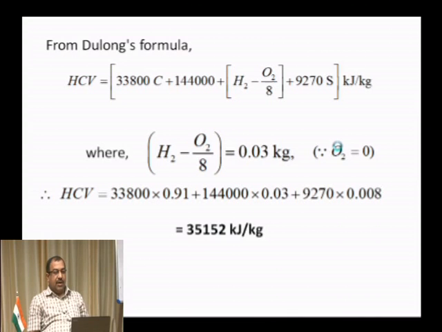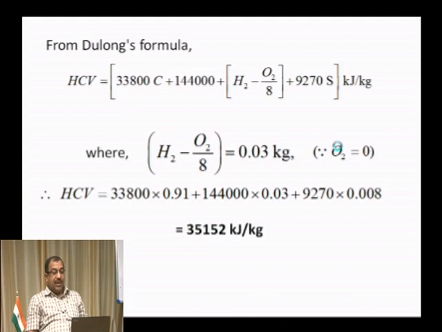From Dulong's formula, Dulong formula gives you: HCV is equal to 33800C plus 144,000 into H2 minus O2 by 8 plus 9270S kilojoules per kg.